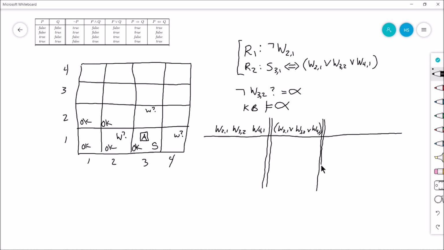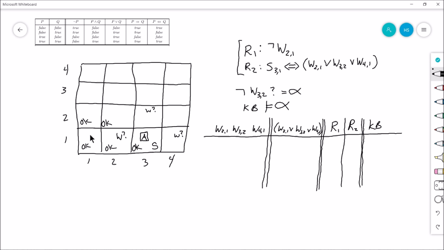So anyway, what we have to do is also evaluate some of these items in our knowledge base, R1, R2. And then we're going to have to evaluate whether or not our knowledge base is true.